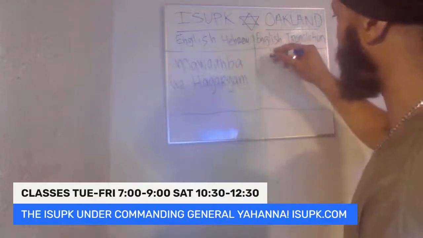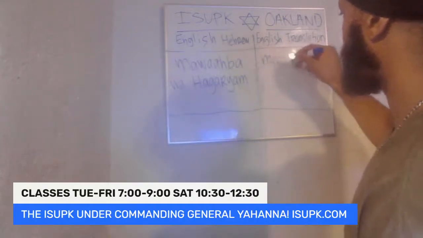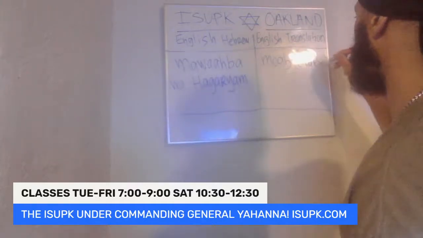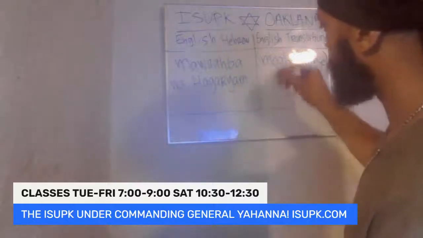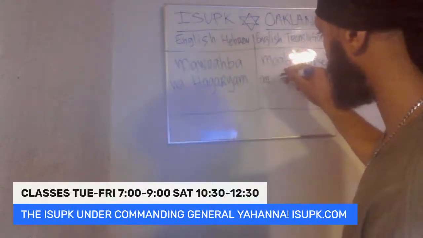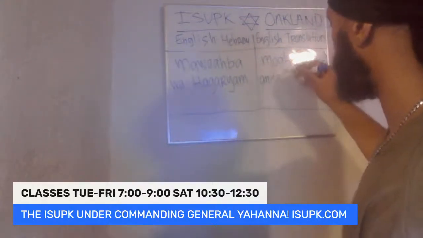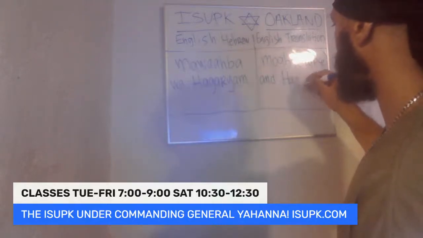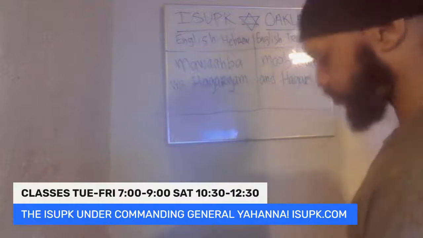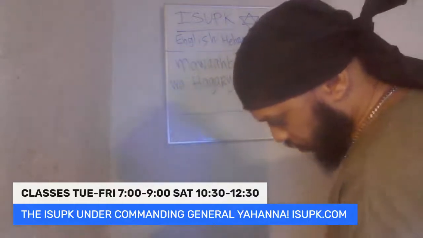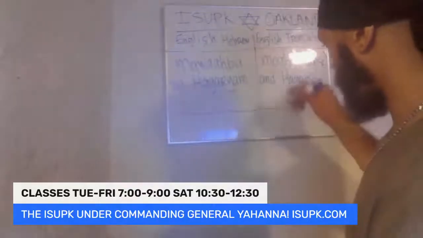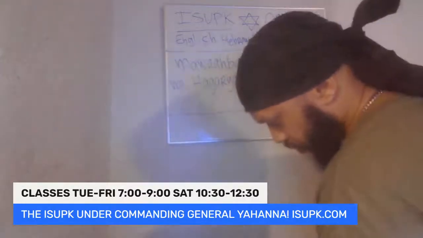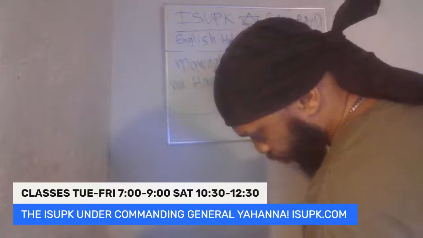So, Moab, Chinese, and Hagars. Hagar means immigrant or to be poor.